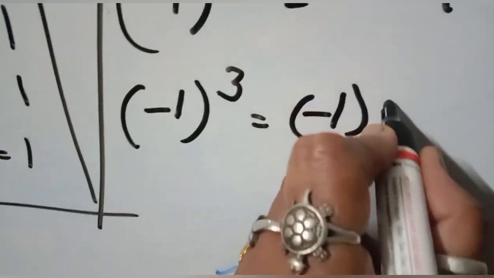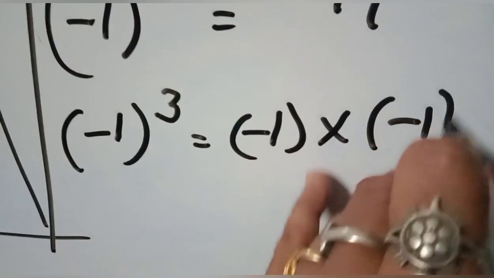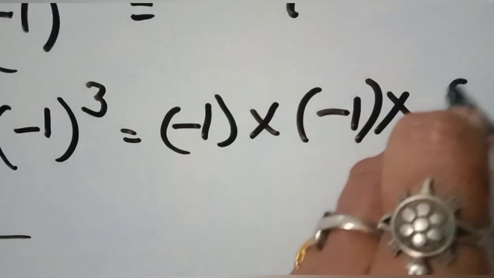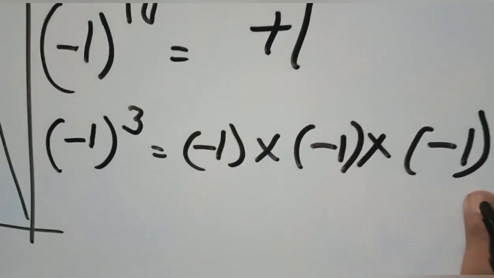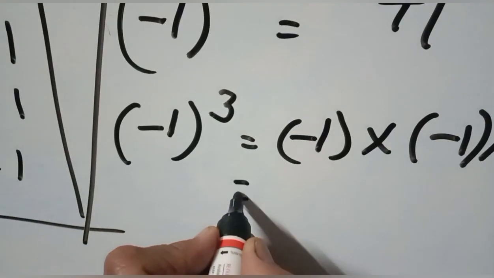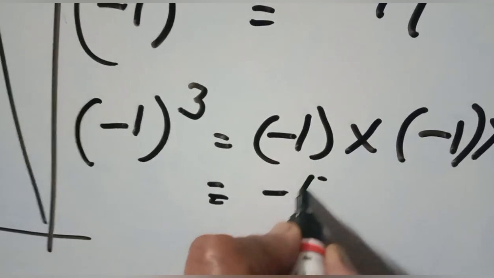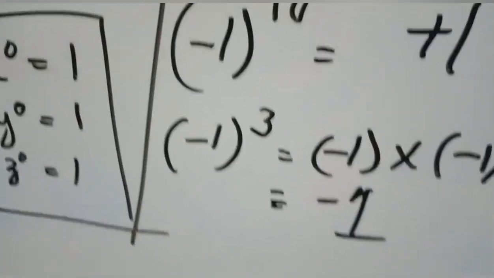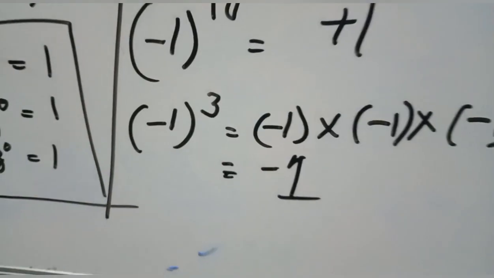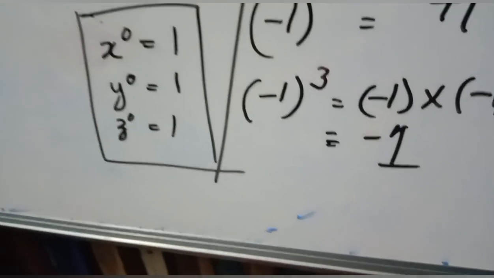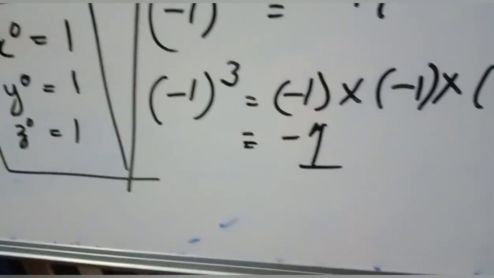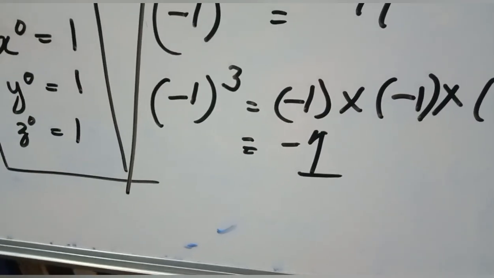Minus 1 into minus 1 into minus 1. Minus into minus is plus, plus into minus is minus. So my answer is minus 1. Right? So in case of minus 1, if it is to the power odd number, the answer will be minus 1.